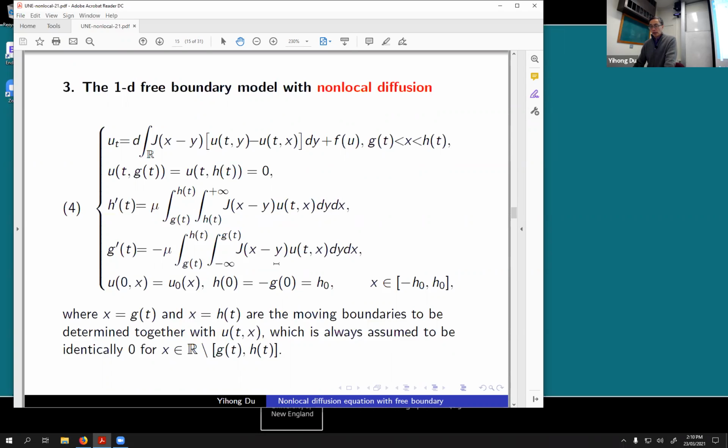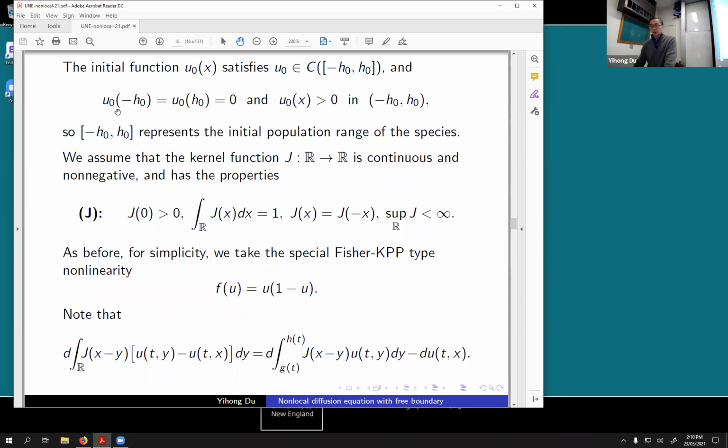So here the initial function is continuous and positive inside, and for the kernel function, we assume this basic kind of assumption: its integral is 1, at 0 it is positive, continuous, non-negative, even, and bounded.